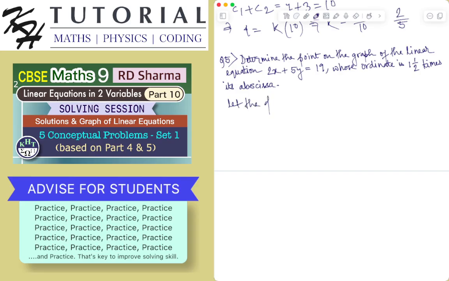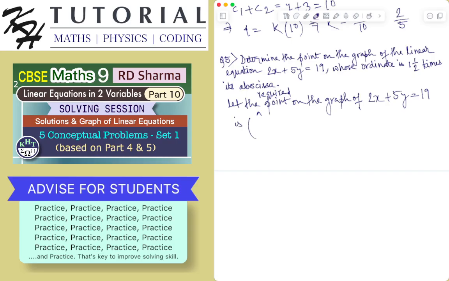So let the required point on the graph of 2x plus 5y equals 19, whose coordinates we have to find, be such that the ordinate is 1.5 times the abscissa.